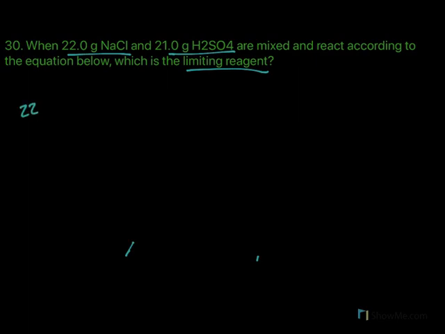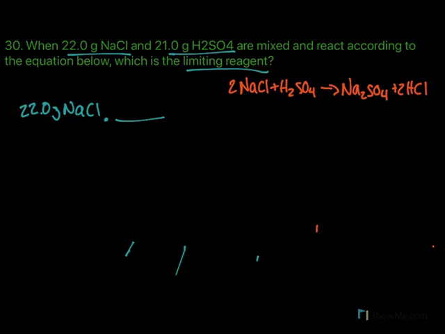So, we will take our 22 grams of sodium chloride, and we are provided absolutely nothing else. So what I would suggest is that you just use your molar mass at this point. And since our only other information is this equation, we're going to have to relate this mass to our equation. The only way we can do that is using moles. So we will take our 1 mole of sodium chloride, which is 58.44 grams.